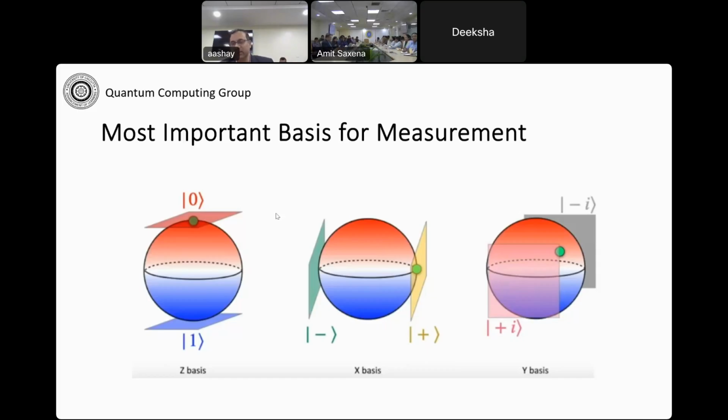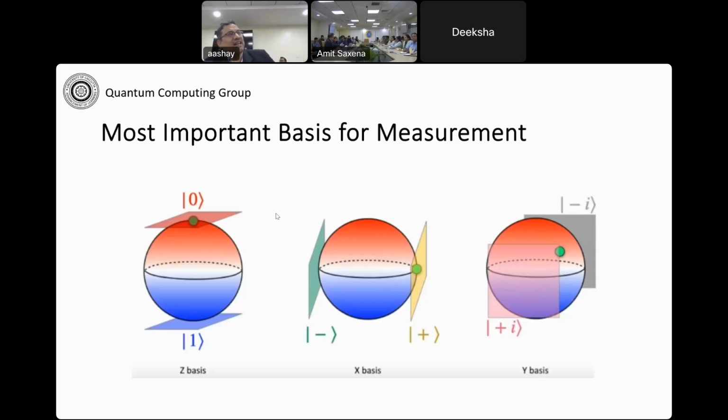Most of the algorithms use the z and the x measure. So you see that the same vector can have a different measurement on the x and the z, or if we take y. This is also a beauty of quantum systems, that it is not only the vector you have to know, you have to know on what axis you have to measure the vector.